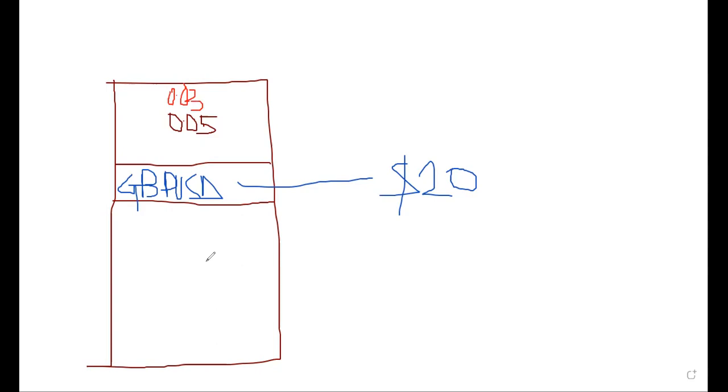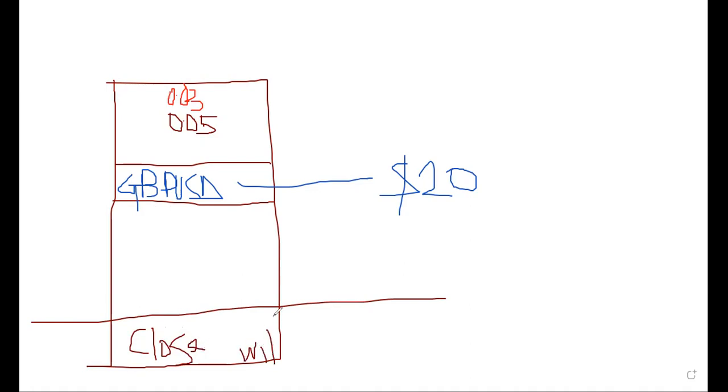If this lot size is reduced to 0.03, you agree with me that once you reduce the lot size at the bottom, you will see something like this at the bottom. Close with profit. You see close the profits, and at the bottom, you see something like $12.